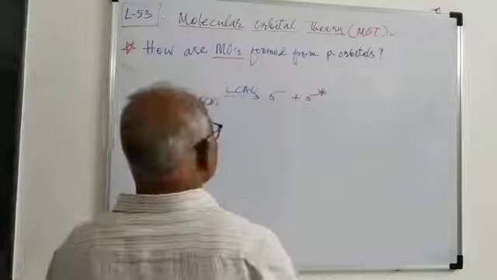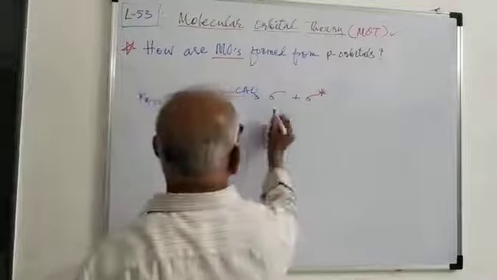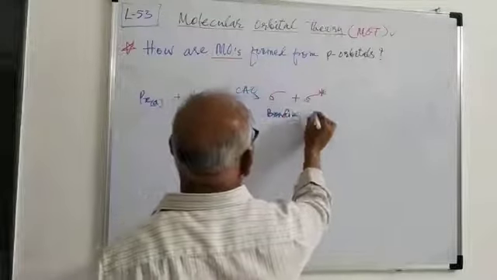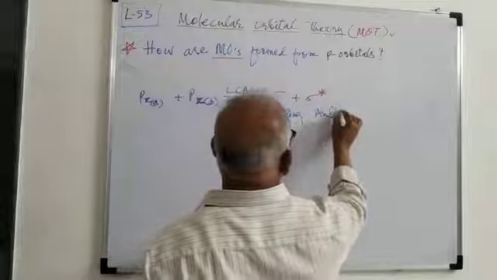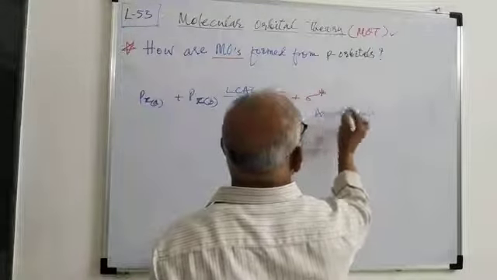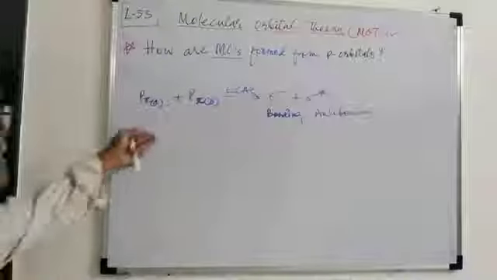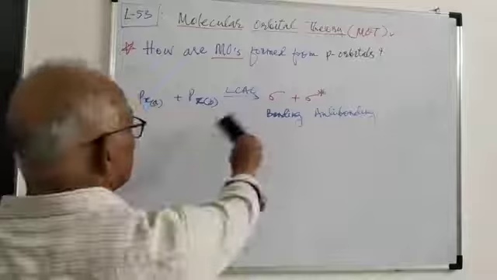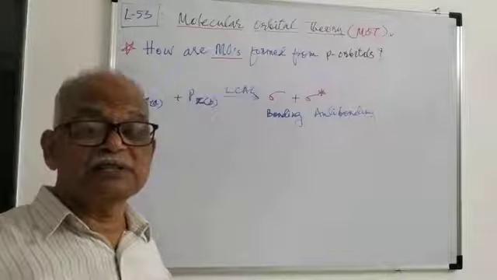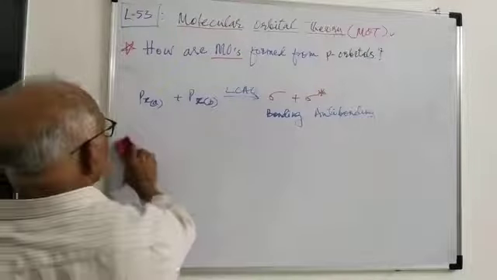That is, one is bonding and the other is anti-bonding. Now we will see how these atomic orbitals and molecular orbitals are shown, in order to understand the pictorial representation of this linear combination of atomic orbitals.